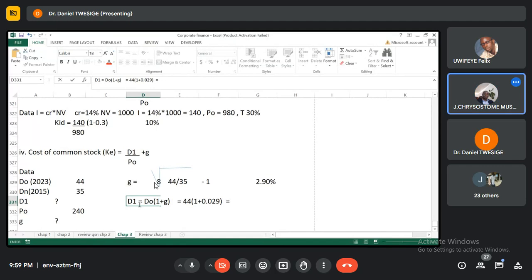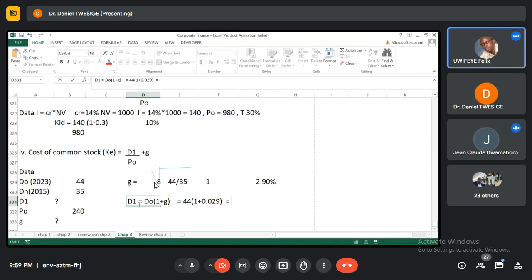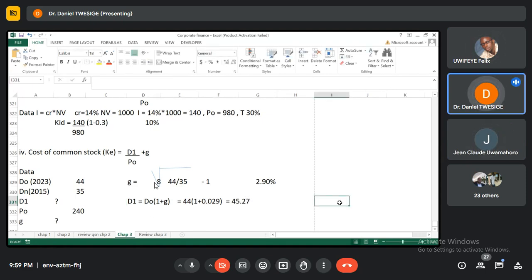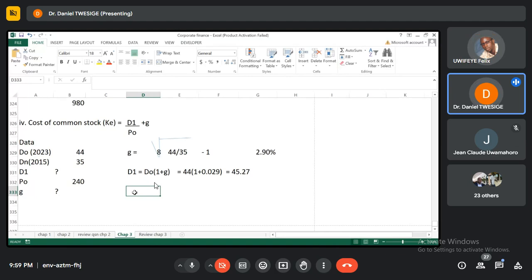You get 45.27. So I think now we have all the variables that can help us to compute our KE.